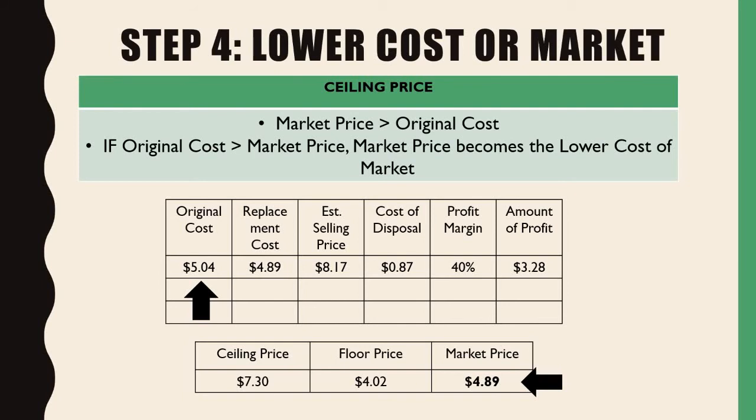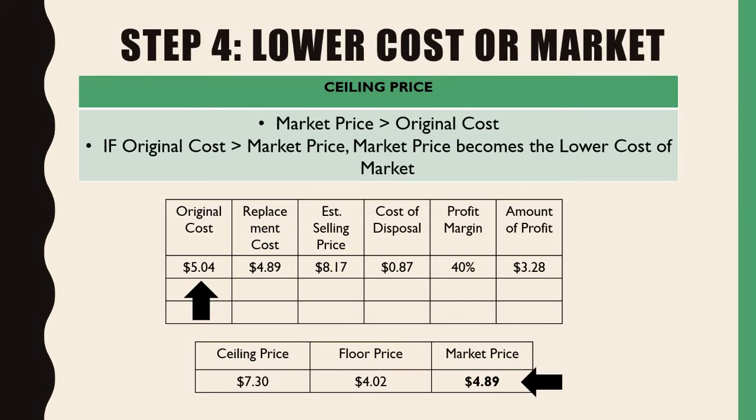Okay, so that is the idea here, and this is how you determine, well, if the market's going to tell me it costs $4.89, I need to verify, is that true? Did I pay for it at original cost of $5.04? Is that still valid, is the question. That's why we have to do all these calculations to determine which one's lower, my market cost or my original cost.